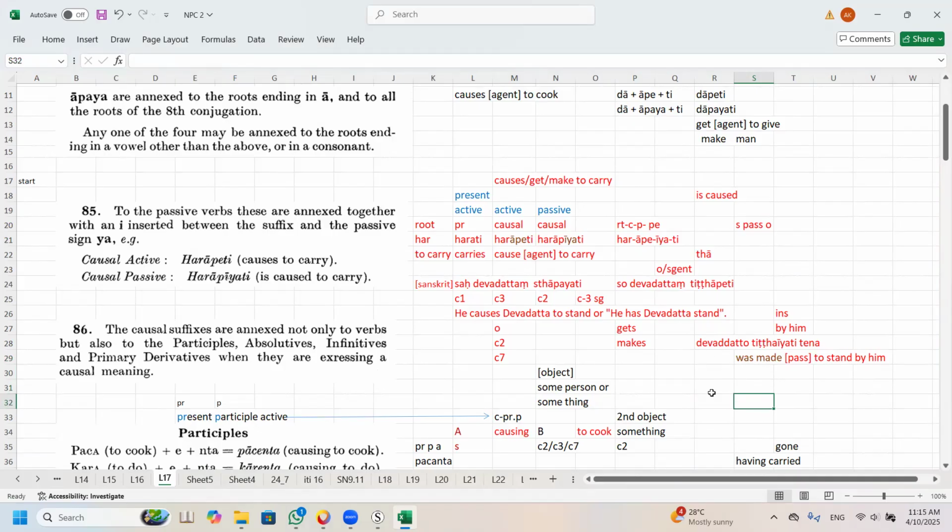Just like the PP, if it is passive, then you must have the instrumental case. If you don't find the instrumental, then you don't have to use it.